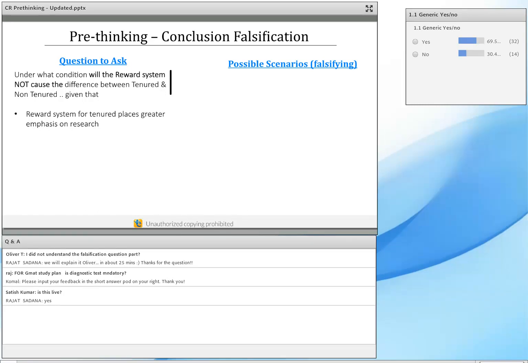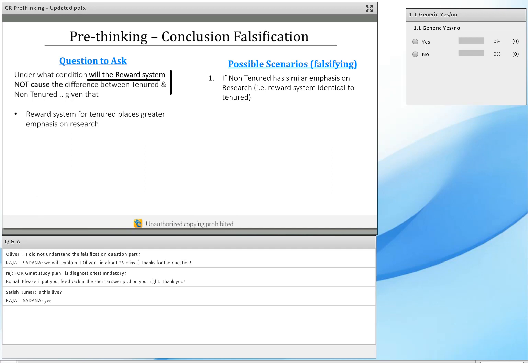Let's think about them. If non-tenured faculty has an identical reward system, then we can't blame the reward system for the difference. Remember, the author is not questioning the difference and impact that they make. The author is saying it's the reward system that's causing the difference.